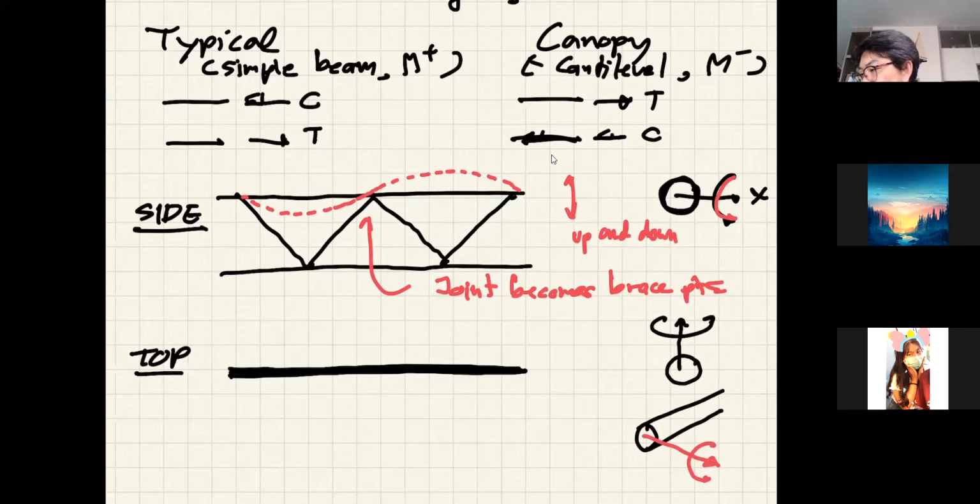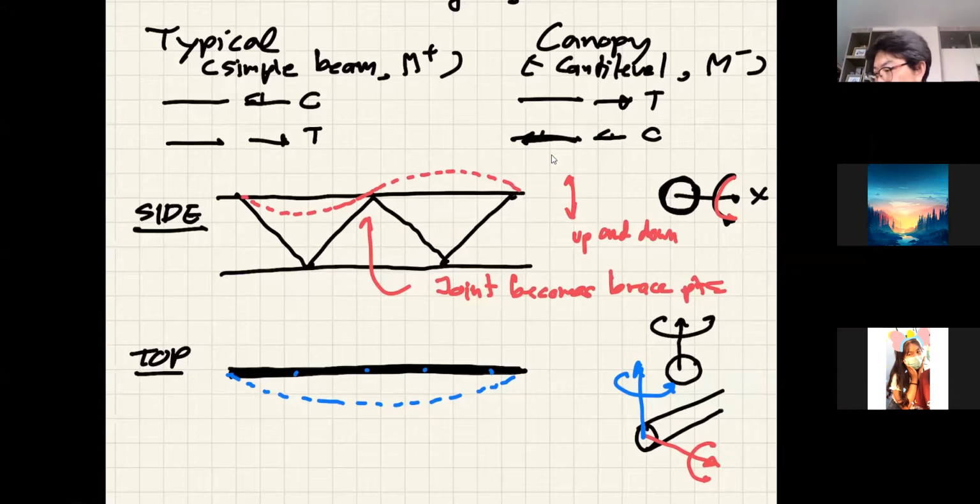But when you look at the top view, your member is going to rotate about this axis. So your buckling will come out of the plane of the truss, and your webs can no longer help you because the web is in this plane and you cannot see them anymore.